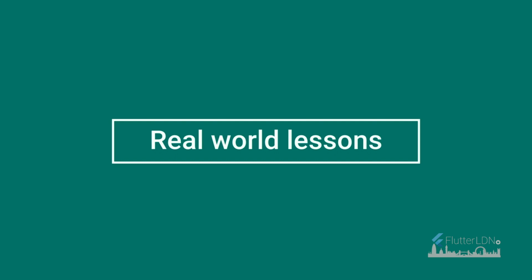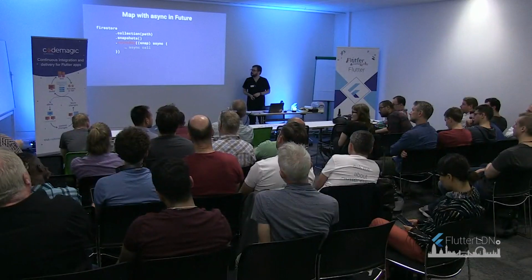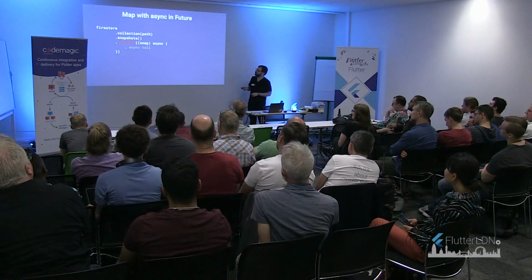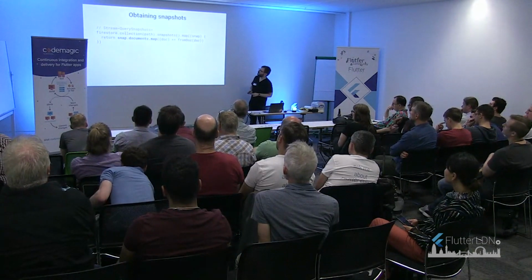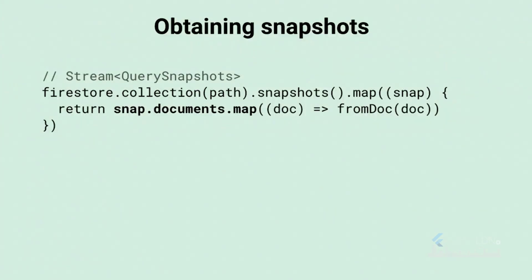Sorry, yes? You were returning snap, back one slide again if you don't mind. Return snap.documents.map from doc. What's that returning the map to? Yeah. So this map here is returning a document snapshot into a GIF document, for example. And this map here is actually giving me an iterable of GIFs.